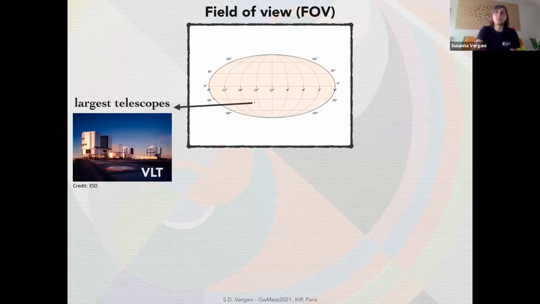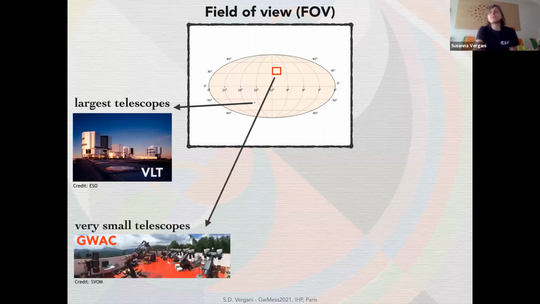The larger telescopes, that means those with a larger mirror, which are the more sensitive, have an extremely small field of view, a dot, as you can see here. Then we have very small telescopes that, on the other hand, can have a very large field of view.